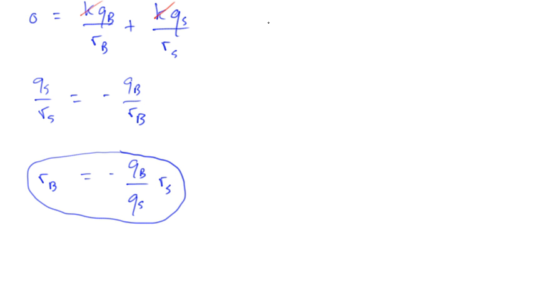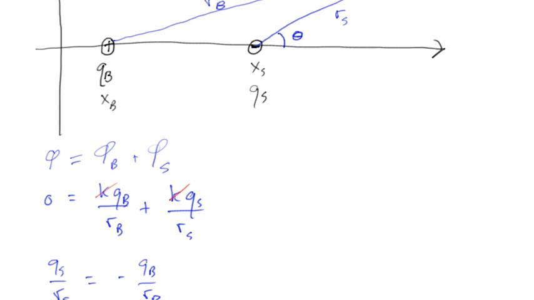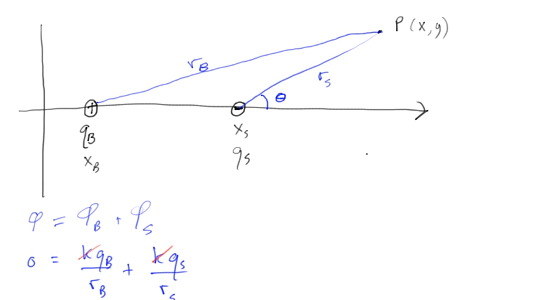And the other one has to come from the arrangement here. I want another relationship. I'm going to use the geometry to get a relationship between RS and RB. This distance right here is XS minus XB. And there's a law called the law of cosines, and I'm going to use that.